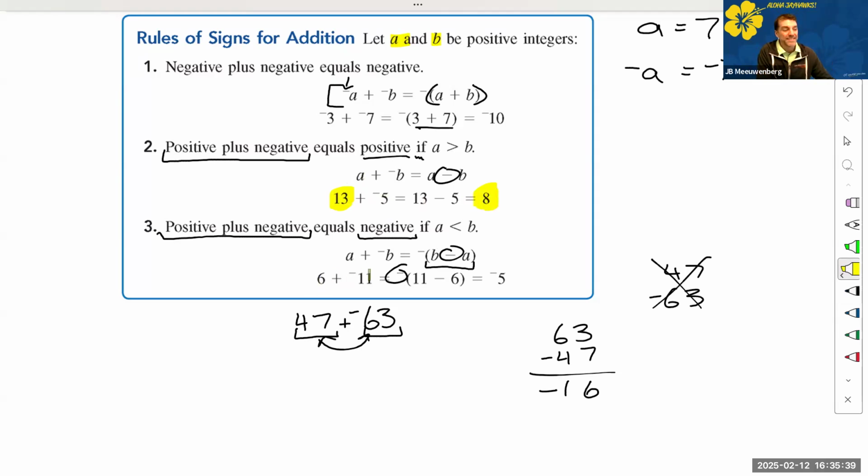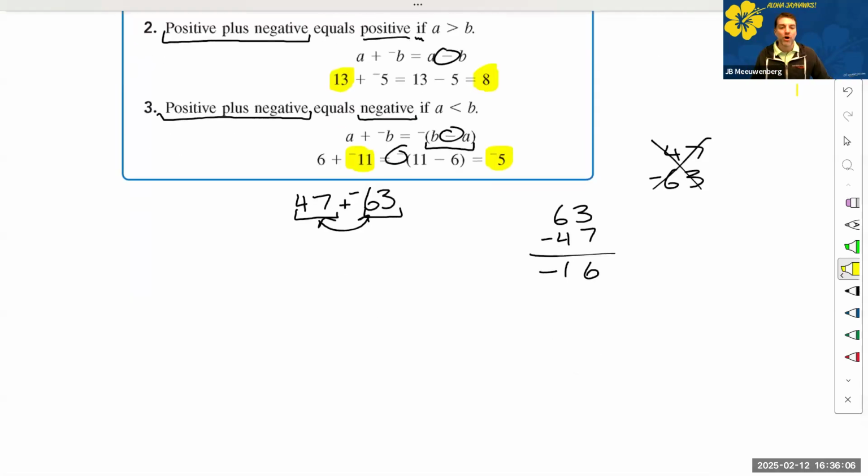In this one, 6 plus negative 11, 11 is bigger than 6. And since 11 was negative, the answer is going to be negative. And if you go back and play with the chips a little bit, you'll start to see that, right? In this second scenario, we end up with more red chips than black chips. And we just find the difference between those two numbers, and the answer is going to be negative. So the chips really do help us see that.